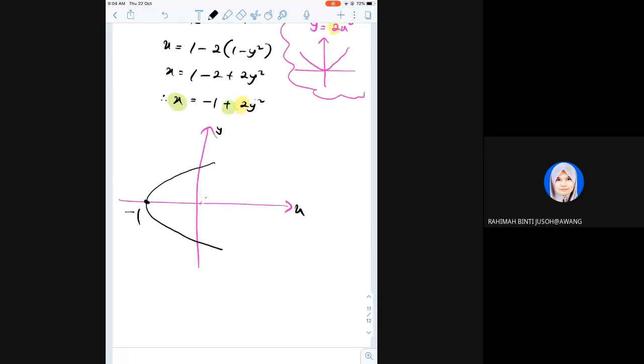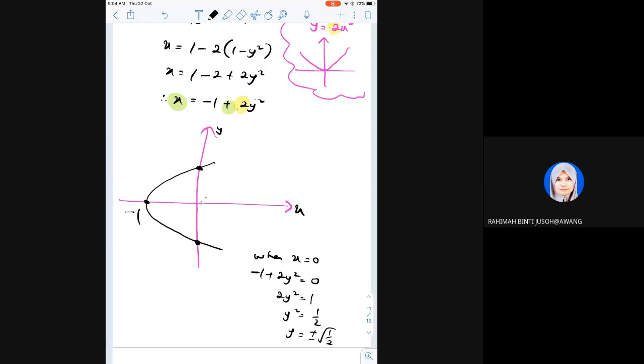Okay. What's the value here and here? When x equals to 0, negative 1 plus 2y squared equals to 0. So 2y squared equals to 1, y squared equals to 1 over 2. So y equals to plus minus square root of 1 over 2.